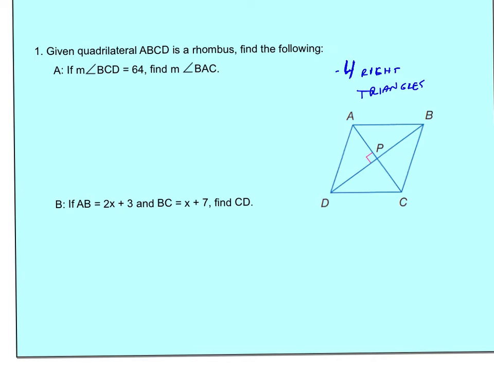Angle BCD is 64, so this whole thing is 64 degrees. I know it doesn't look like it, but again, go by information, don't go by pictures. They want to know how big is BAC. So they're looking for this one right here. We're using two features: one is that diagonals bisect angles, and we're also using that opposite angles are congruent.